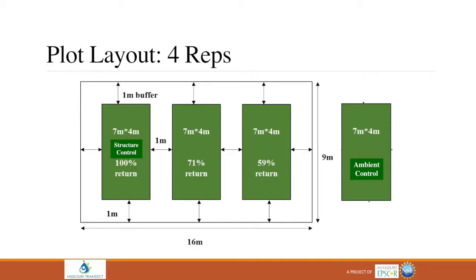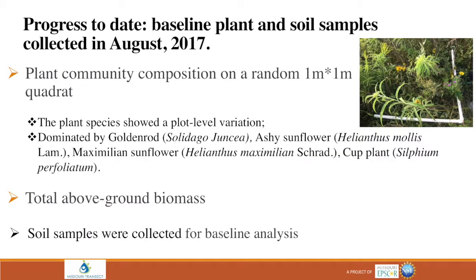So what we have done is, this summer, we collected the plant and soil samples. Plant community composition was conducted using 1 by 1 meter quadrats. The plant species showed block-level variation, but all the plots were dominated, in general, by goldenrod, ashy sunflower, native sunflower, and cowpea.